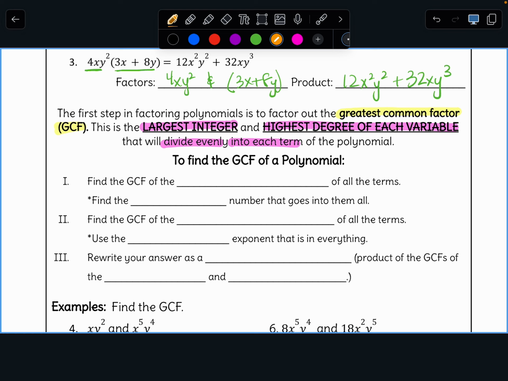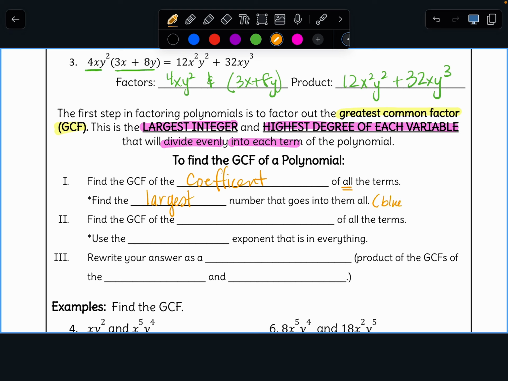So there's like a 3-step process. We find the GCF of the coefficients. We talked about what a coefficient was yesterday. Of all terms. So we want the largest number that goes into them all.